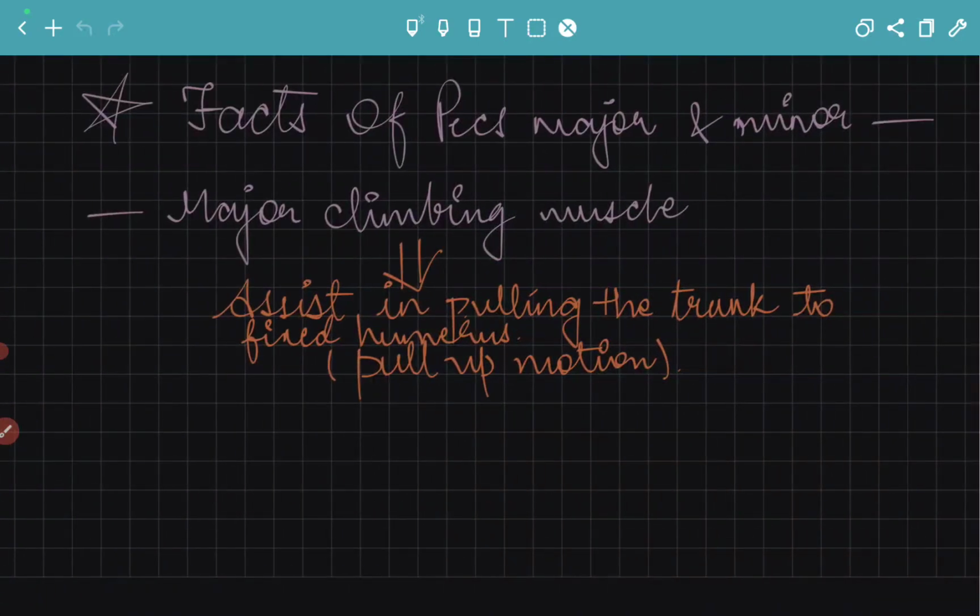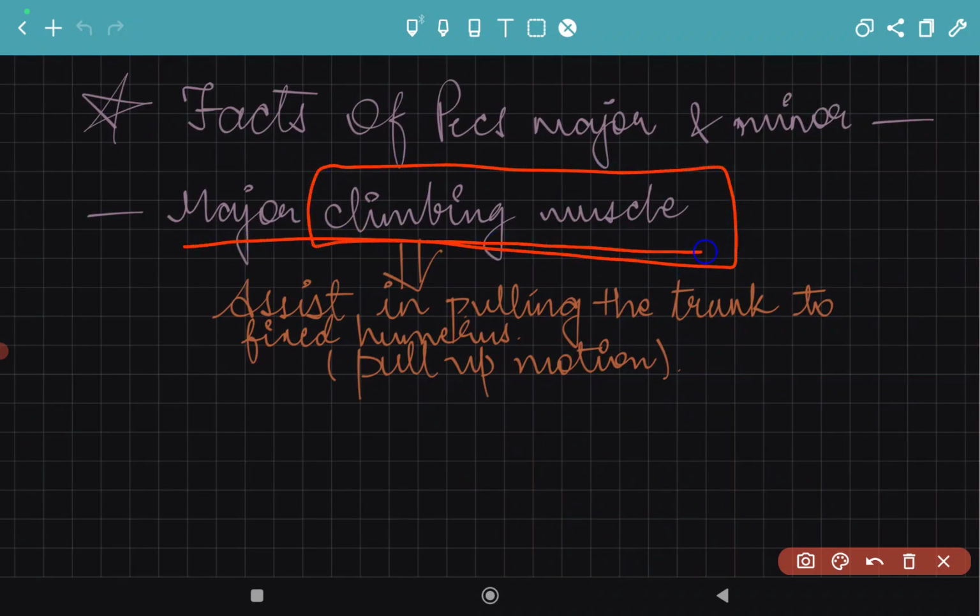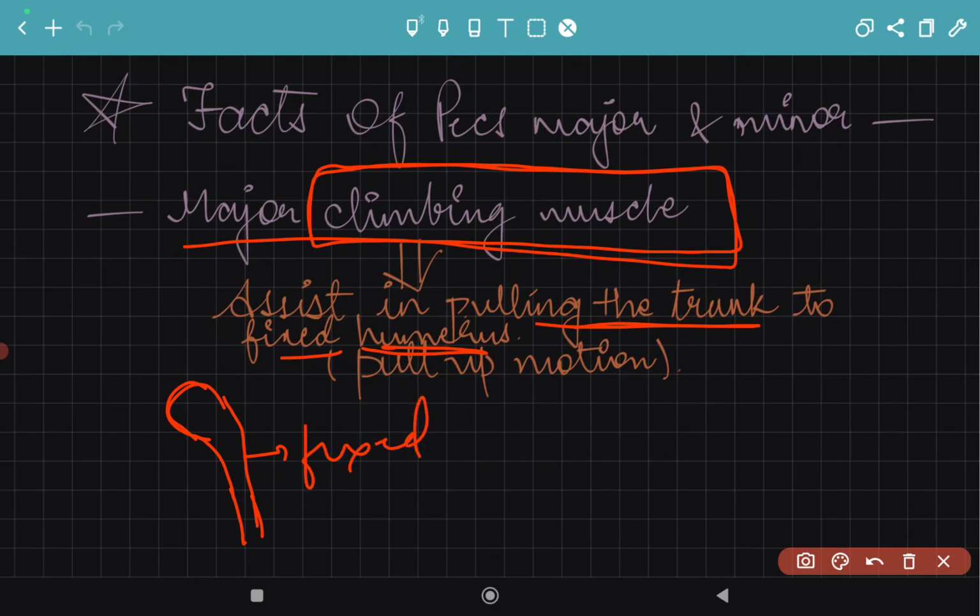Now, to remember a fact about pectoralis major as well as the minor muscle: pectoralis major along with pectoralis minor is a major climbing muscle. This will assist in pulling the trunk towards the fixed humerus. If the humerus is fixed at a point, that is, if an individual is hanging through his hands, this position or activity can be assumed.